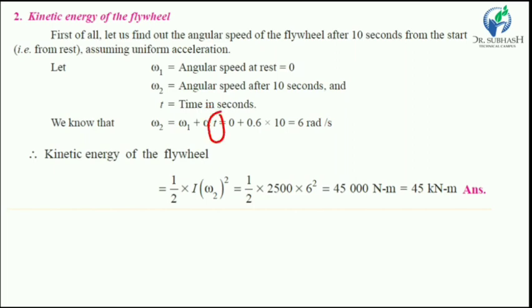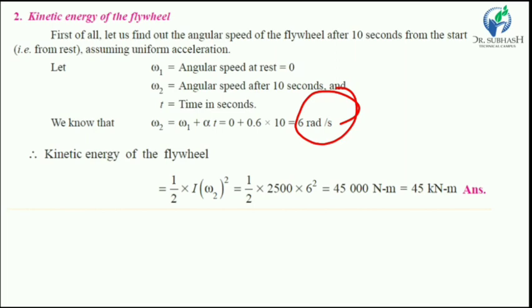And t is 10 seconds, at which we have to find the value of omega. So the t value is considered as 10 seconds, and finally we get the value of omega 2 as 6 radian per second. Okay, and this is omega 2.